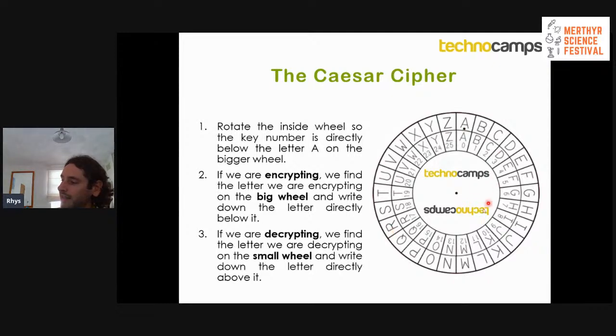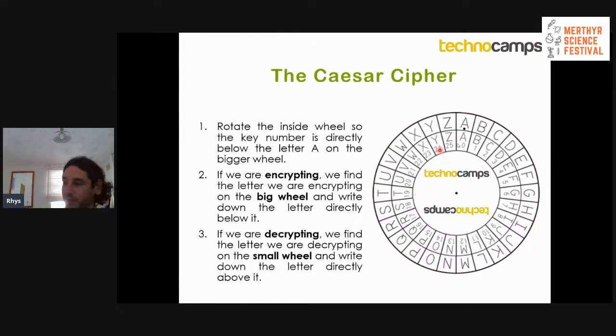The wheel inside can turn around, and that's the letters we would encrypt to. Because the wheel turns, you can match A up with whatever shift you want. You could turn the wheel and match A up with T, and that would create a shift of 19.